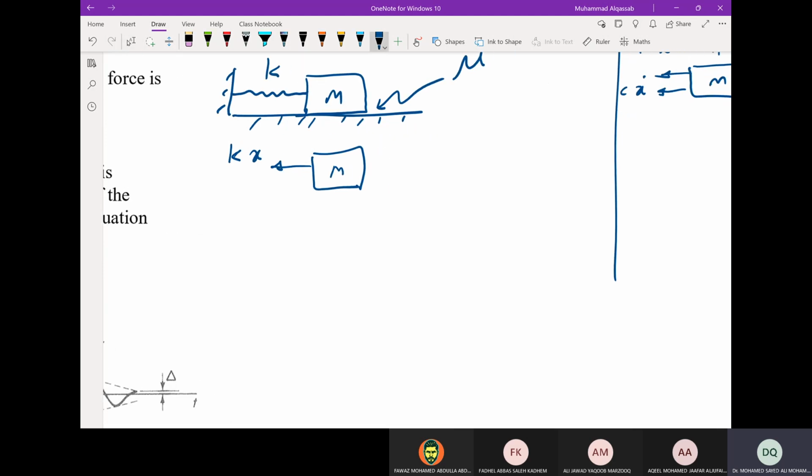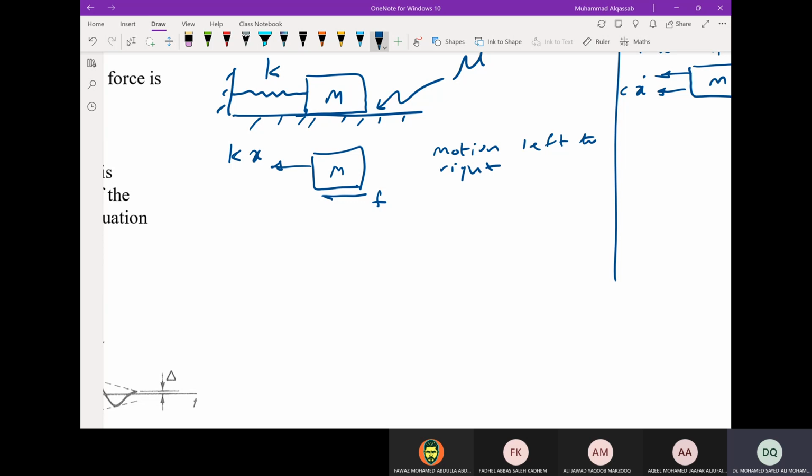Let's say the mass is moving from left to right. It's moving in this direction, so the friction force will be in this direction. This is Fd.